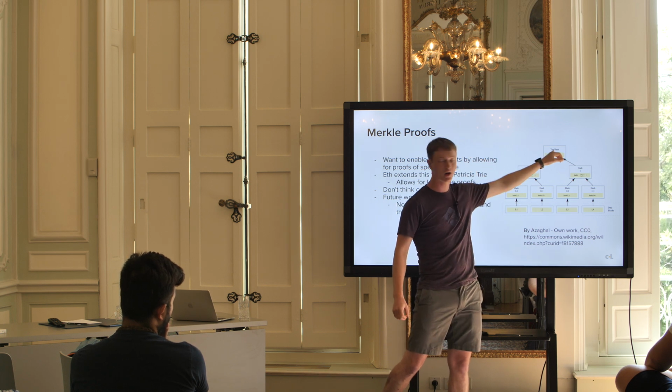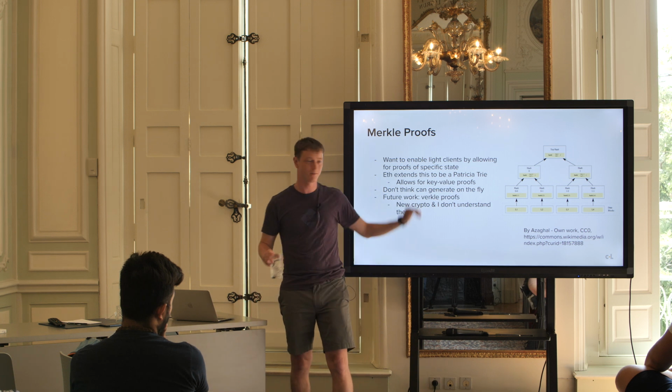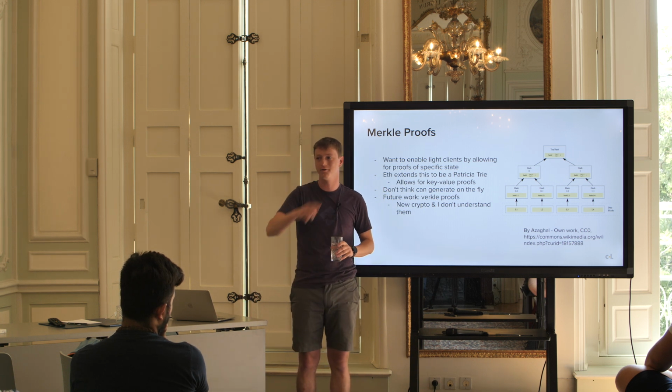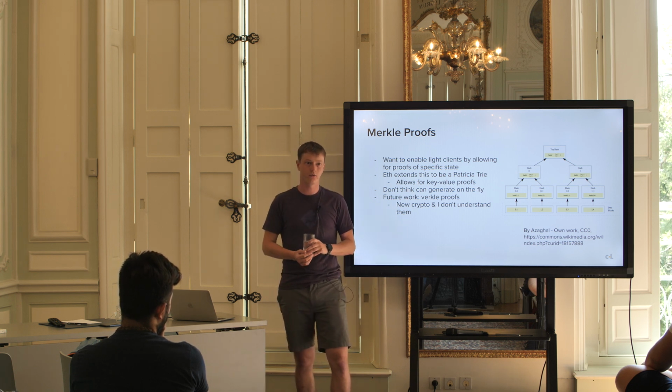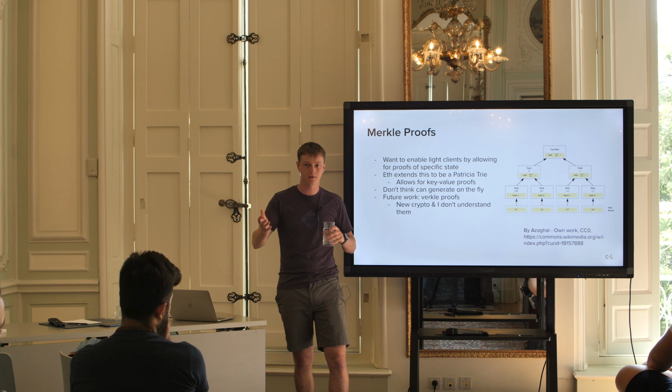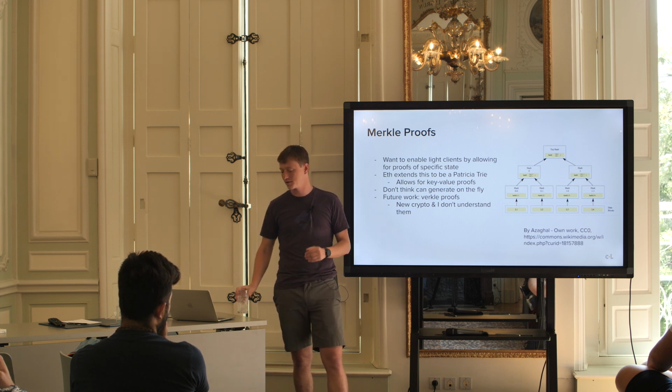And then if you have the top hash, you can verify everything. It's a lot cheaper to hash a spine of a tree than it is to hash everything. And that's really important for light clients because the current flat state of Ethereum is like 20-ish gigabytes, also in that ballpark. So rehashing that and just even sending that to a mobile client is completely not feasible. And so that's why we have these proofs.